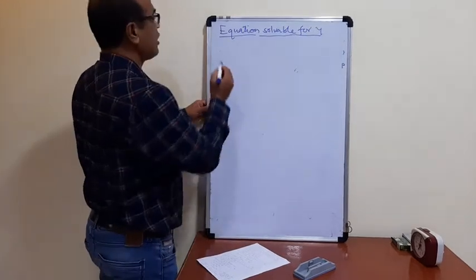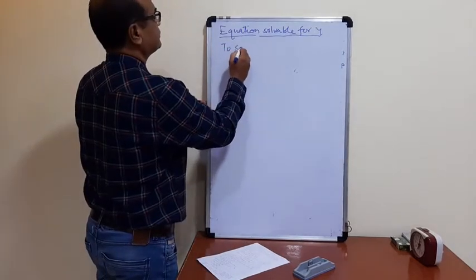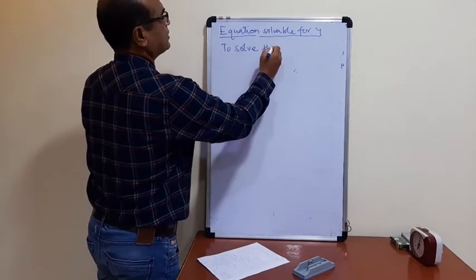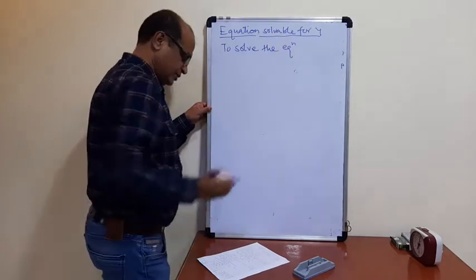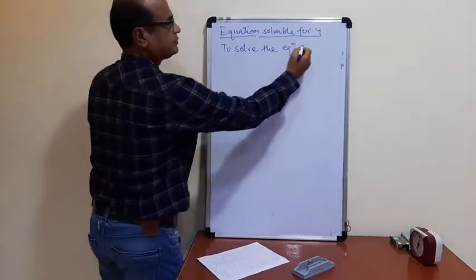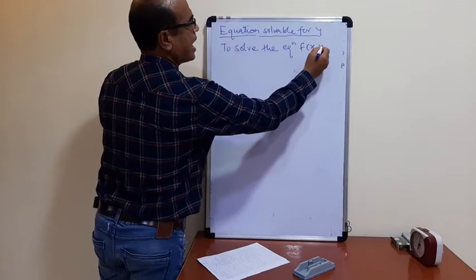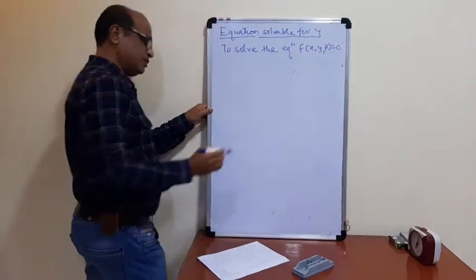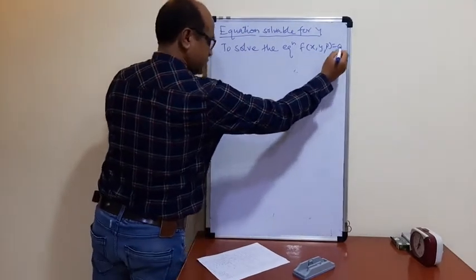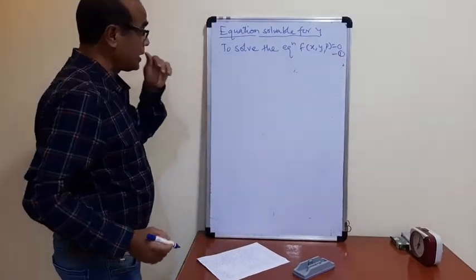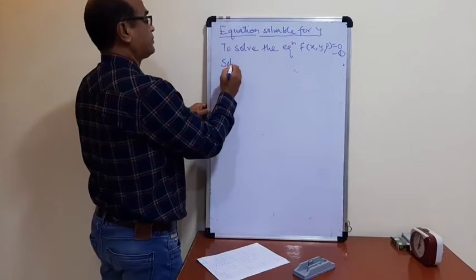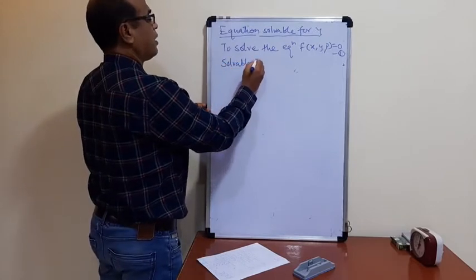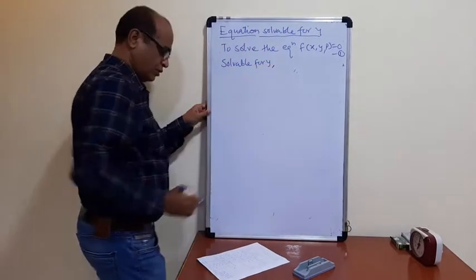To solve the equation f of x, y, p is equal to 0, so that is equation number 1, solve for y.